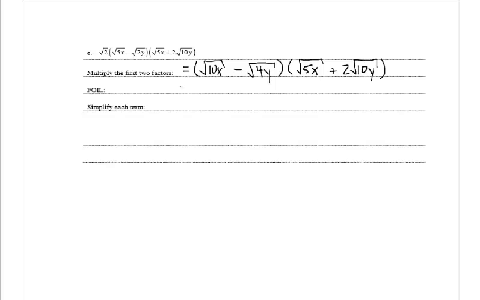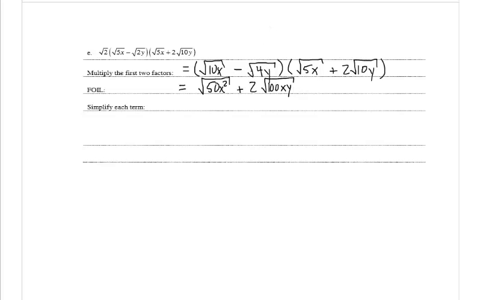And now they want us to FOIL. So we have the square root of 10x times the square root of 5x is the square root of 50x squared. And then we have the square root of 10x times 2 times the square root of 10y, which is going to be 2 times the square root of 100xy.